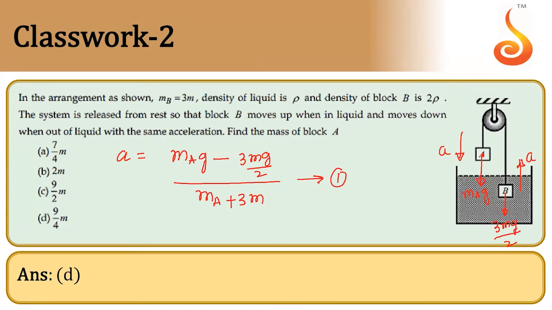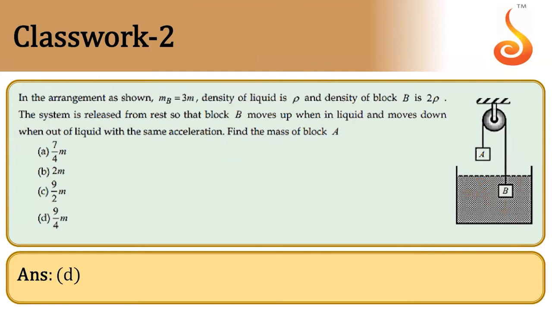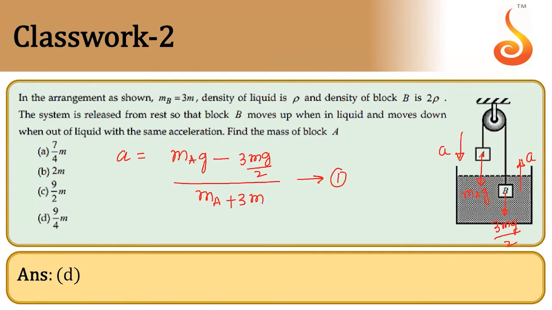Remember that formula, I'll write equation number 1 on the top: MAG minus 3mg by 2, divided by MA plus 3m. Say, equation number 1.